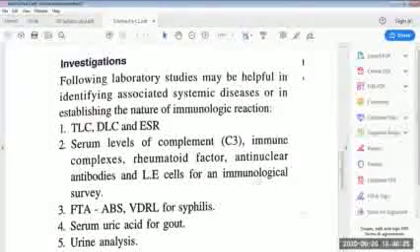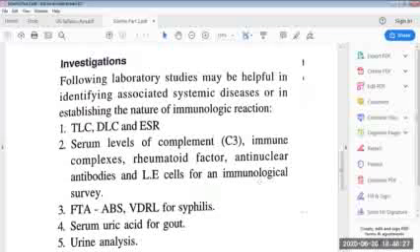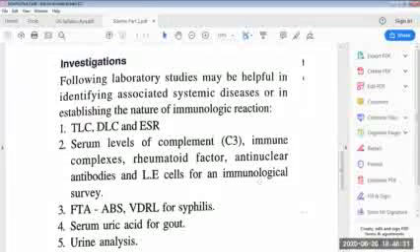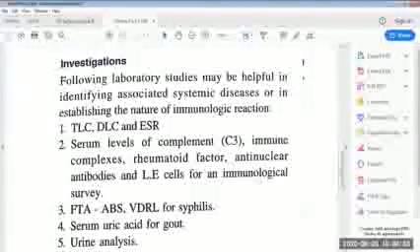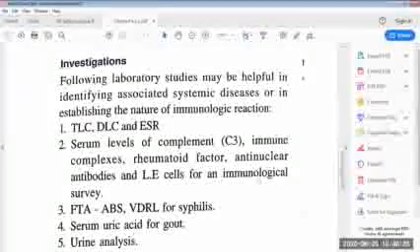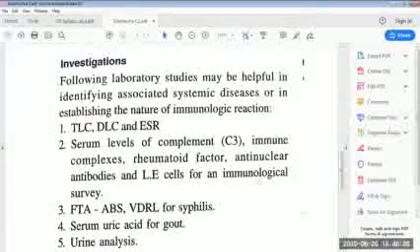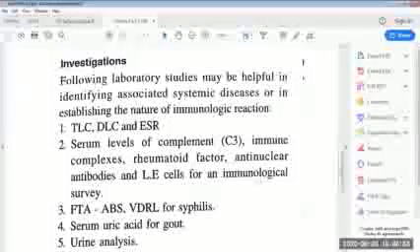C3 serum blood test is done. This blood test measures the activity of certain proteins, and protein is a part of the complement system. So C3 component serum levels test is done. Then immune complexes, RA factor, anti-nuclear antibodies, these all tests are done.